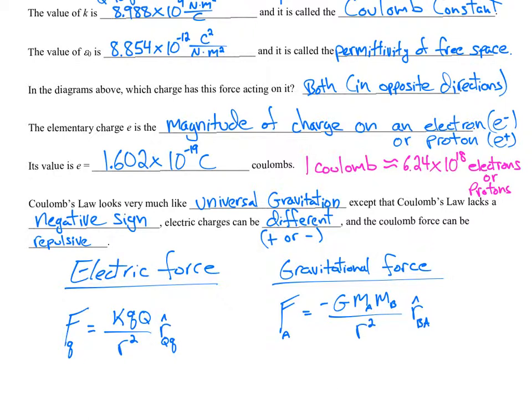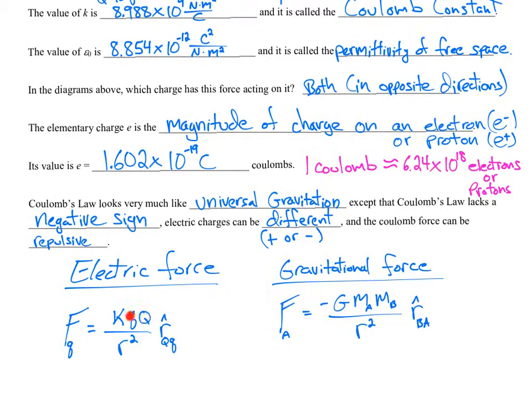So in the gravitational force equation, in its vector form, you find a negative here to symbolize the fact that it's an attractive force, and the force on mass A is in the negative of the radial vector, which points from B to A. For our electric force, if one of these two charges is negative and the other is positive, then we get positive times negative. We'd get a negative out in front, and that would again be an attractive force.